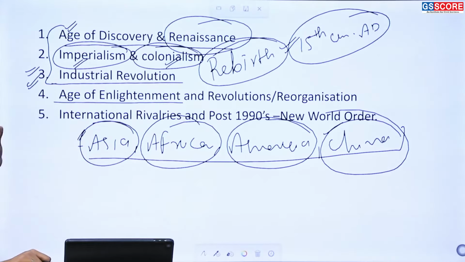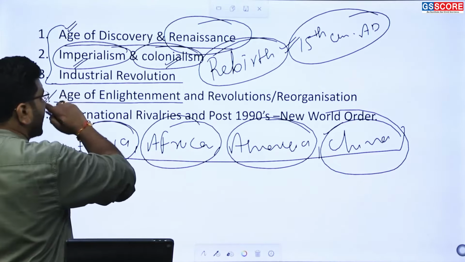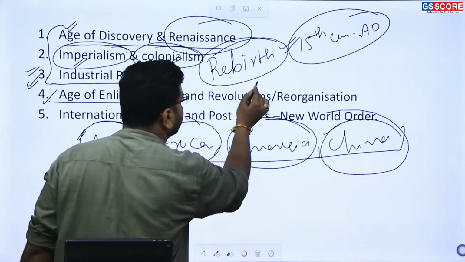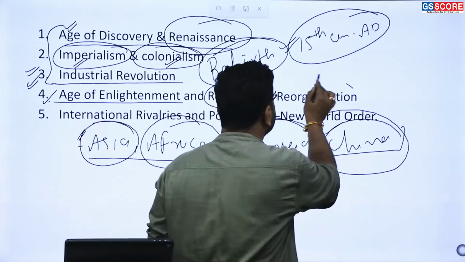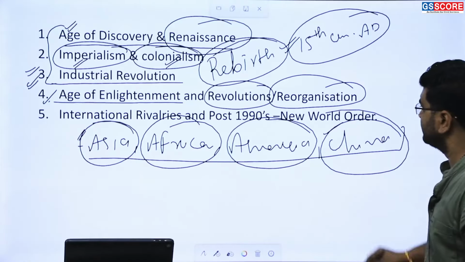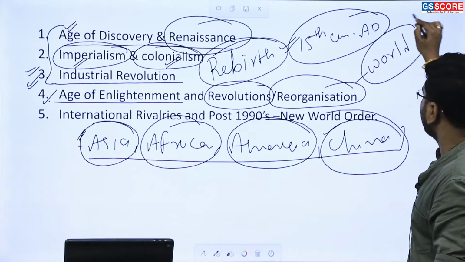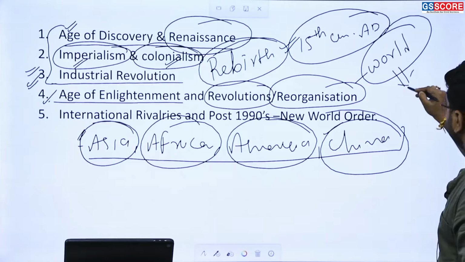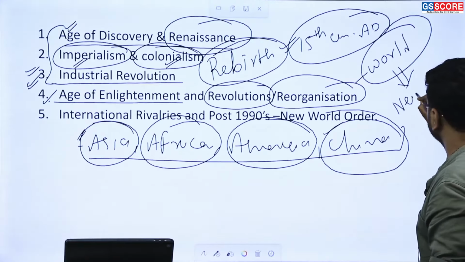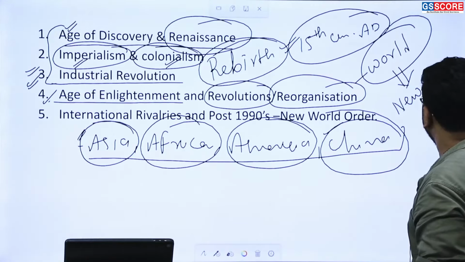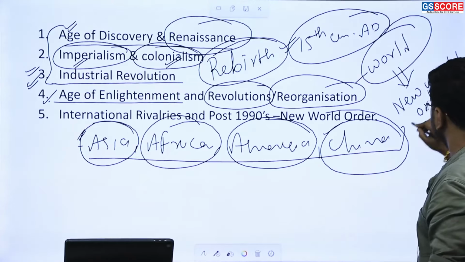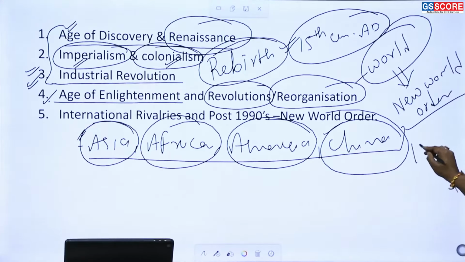These were the ideas, and that was the age of enlightenment. This enlightenment helped to create the revolutions and reorganization in the world, which gave rise to the new world order. The 18th century, a very important time period, was a time of new world order revolutions.